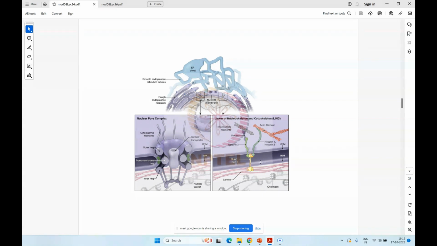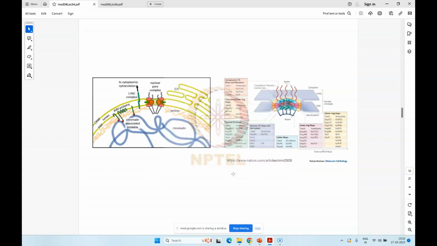And the SUN1/2 complex would link this nesprin-plectin complex to the lamin, the nucleoskeleton. Yes.